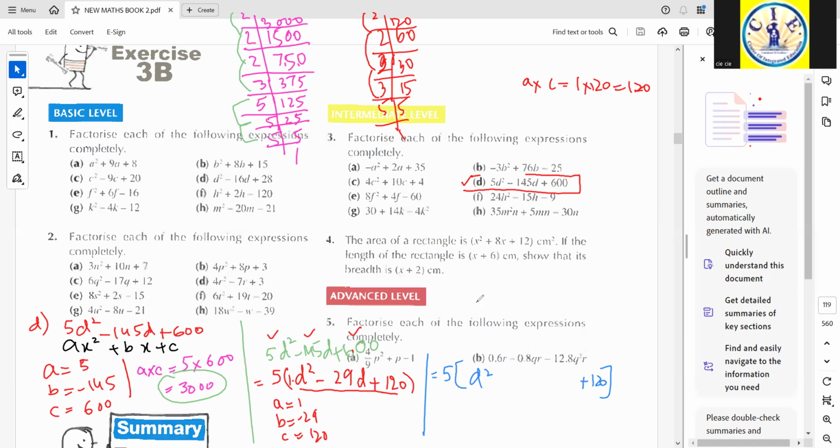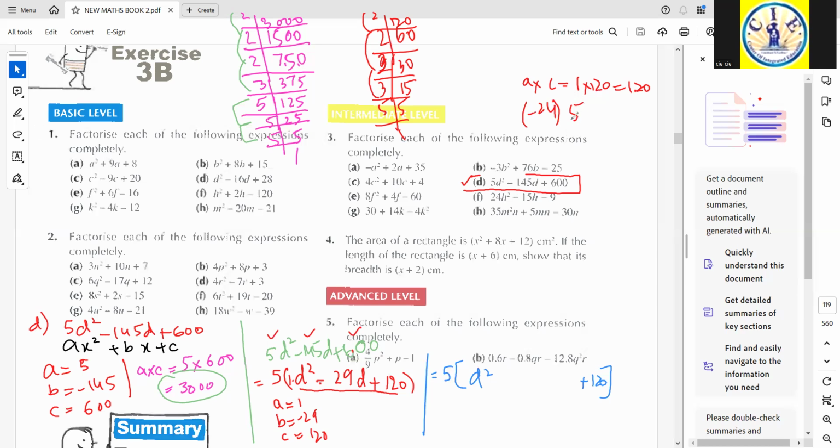Out of these factors, 24 and 5, the larger factor 24 would have the same sign as the middle term. Since the middle term has a negative sign, 24 has to have a negative sign with it.